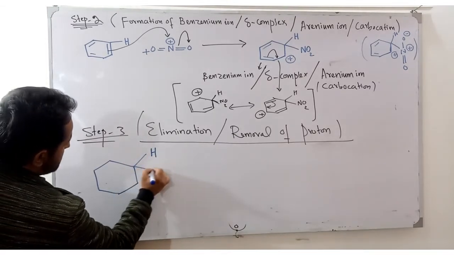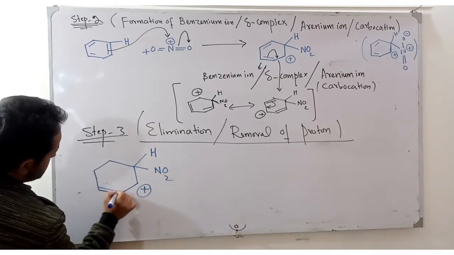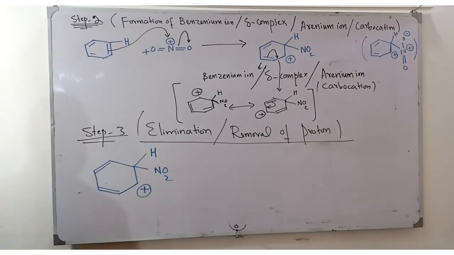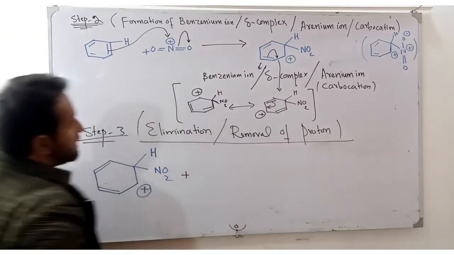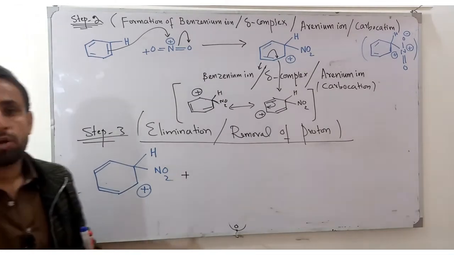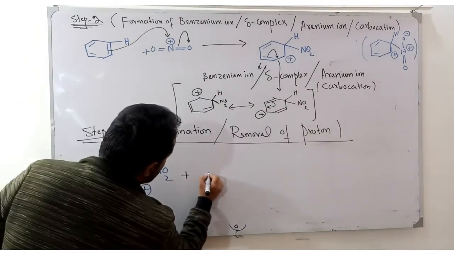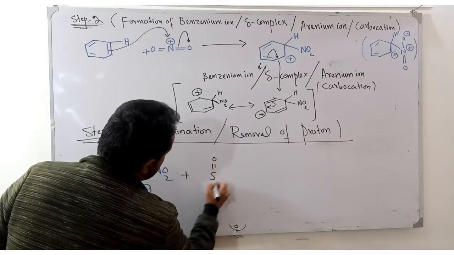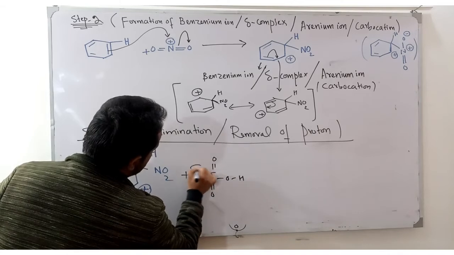This is hydrogen, this is NO2. Here is a positive charge, here is a double bond, and there is also a double bond. Now, as hydrogen sulfate was formed in the first step, the same hydrogen sulfate, that is S double bond O, OH, O negative, comes in.